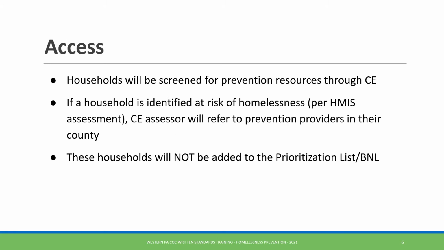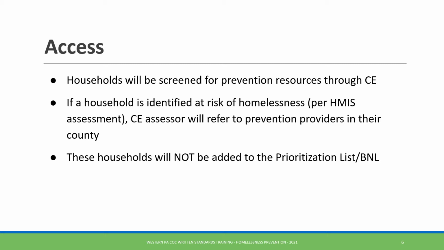As with most other project types, households will be screened for prevention resources through CE. If a household is identified at risk for homelessness per the HMIS assessment, the coordinated entry assessor will refer to prevention providers in their county. And these households will not be added to the prioritization list, also known as the by name list.